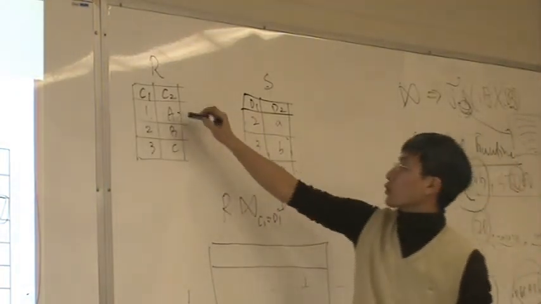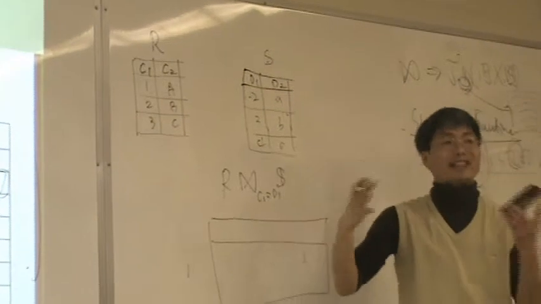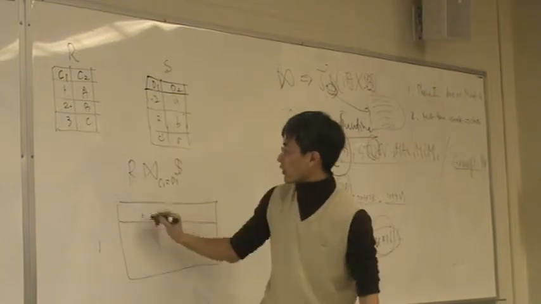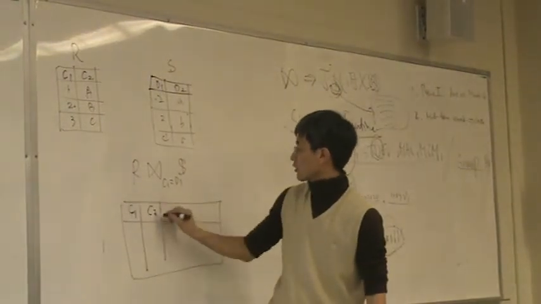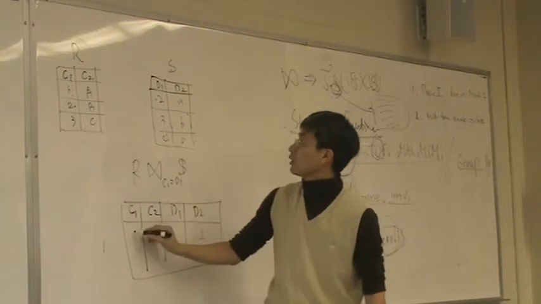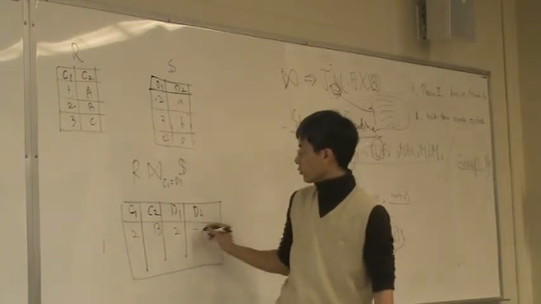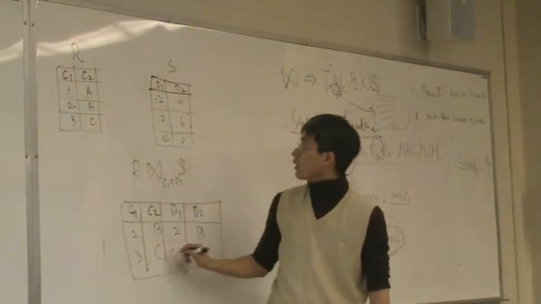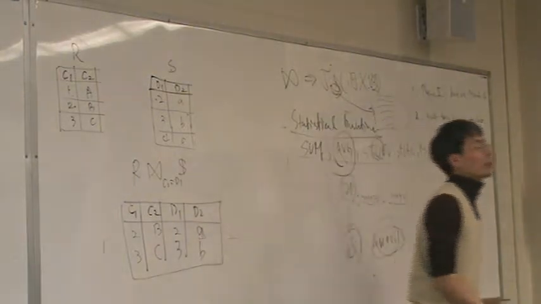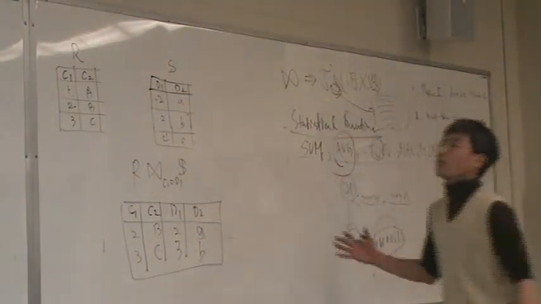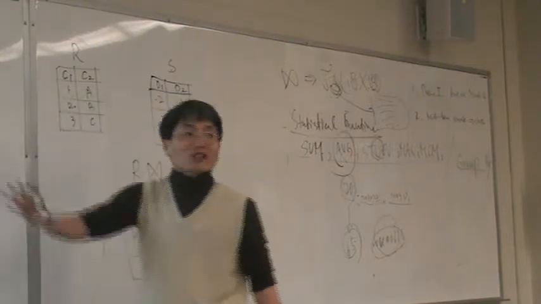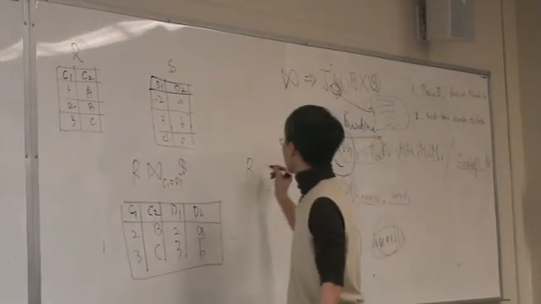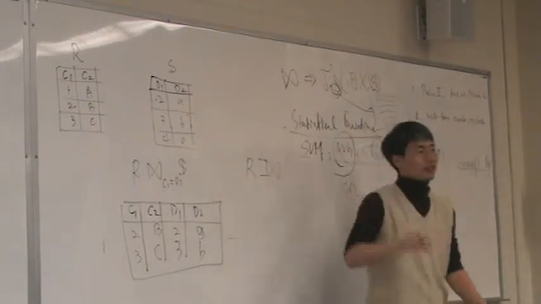First, Cartesian product, which means match all of them, so we will have 9 tuples. Among them, match one? One? No. 2 matches. So C1, C2, D1, D2: 2B, 2A. Also 3, yes, it's a match. 3C, 3B. This will be returned. This is the join operation. If we perform the left outer join, we use the symbol to represent the left outer join like this one.